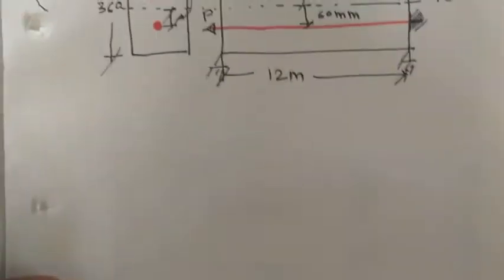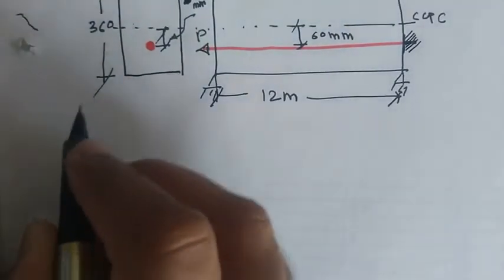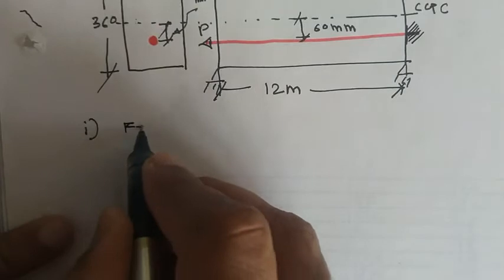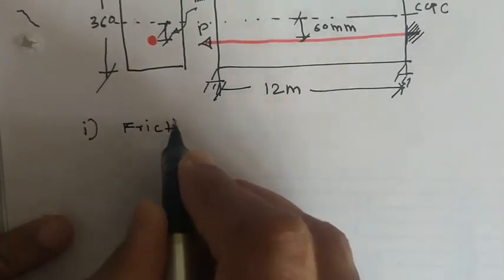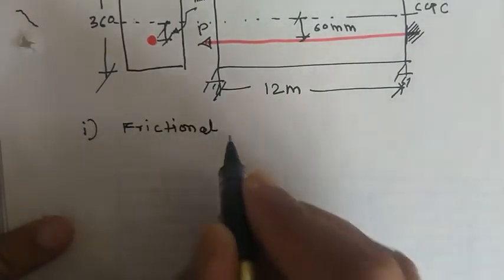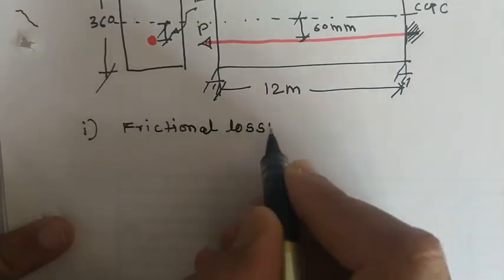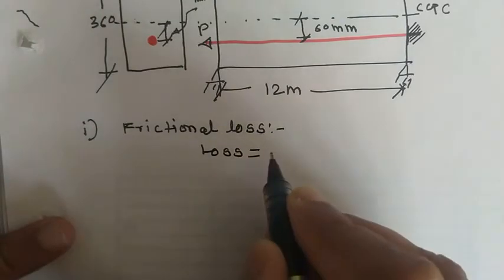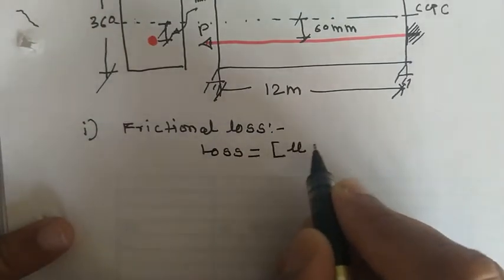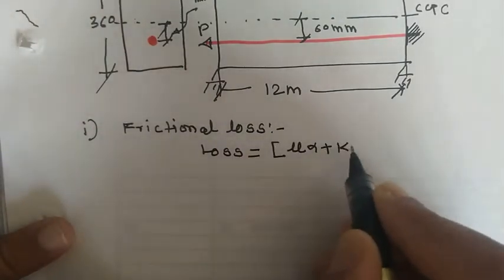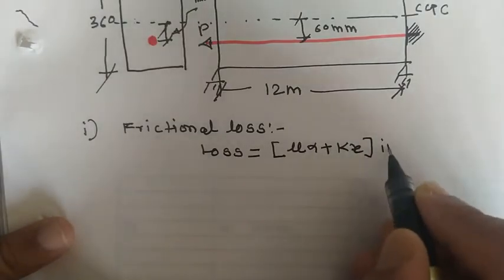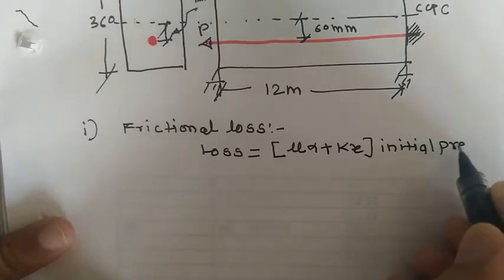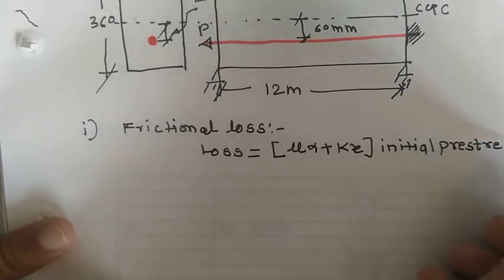So the first loss is frictional loss. We know that the frictional loss is calculated using the formula mu alpha plus kx, into initial pre-stress.